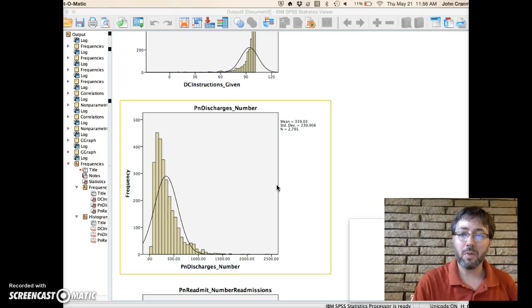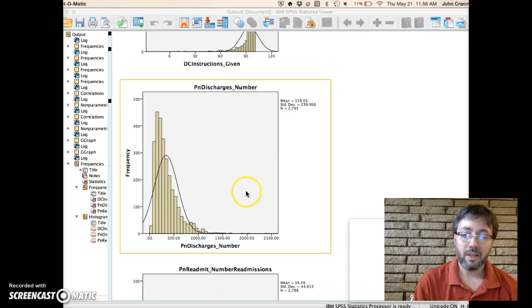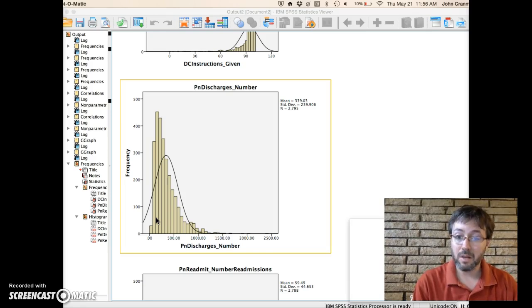Let's look at the number of pneumonia discharges in the histogram. Again, you could make some assumptions about how these data are distributed based on the mean and median, but the histogram is a very powerful tool for getting a picture. You can quickly see how the data are distributed.